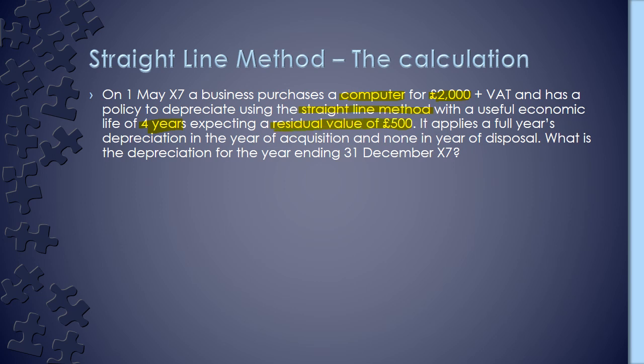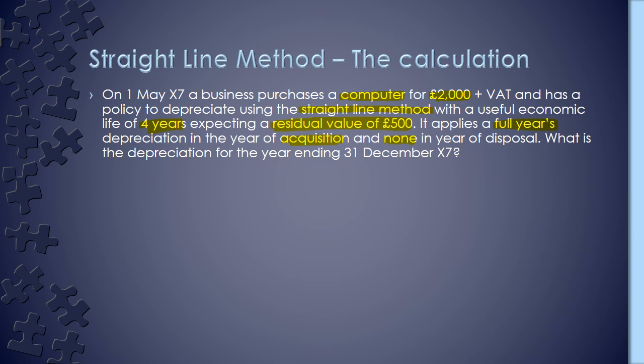So at the end of its economic life, we're expecting a residual value of £500. It applies a full year's depreciation in the year of acquisition and none in the year of disposal. So what is the depreciation for the year ending 31st of December?